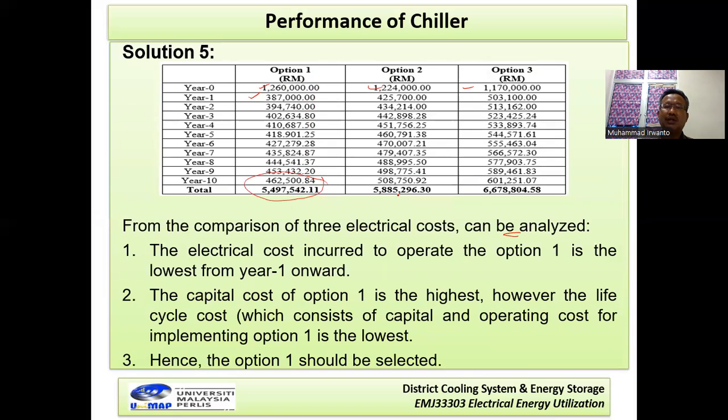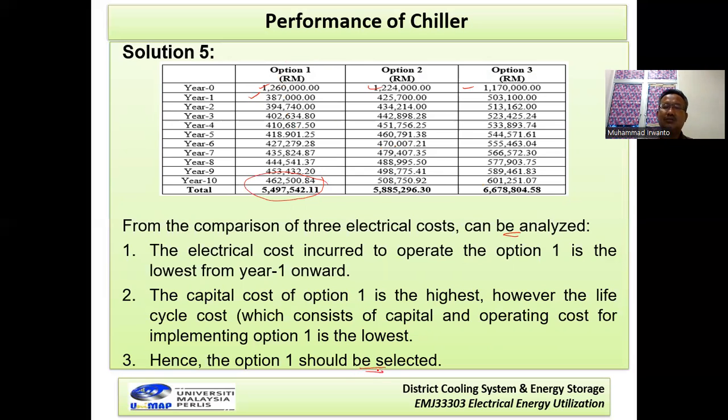Now if we want to apply this condition, we can choose based on the lowest electrical cost. So here we can decide that option 1 can be selected.